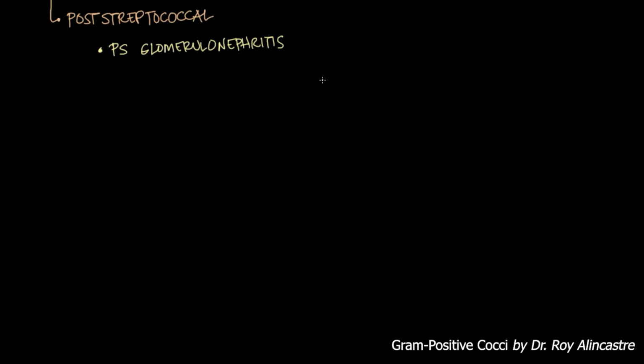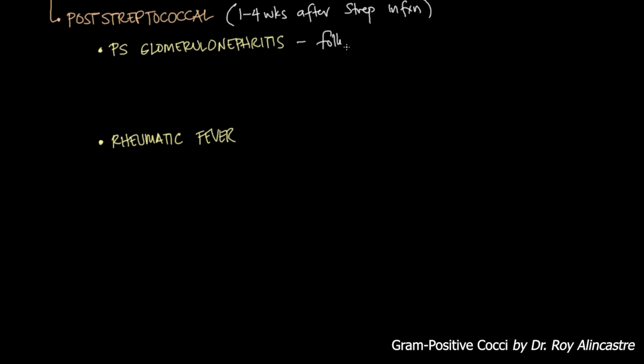So it is important to take note that these diseases are actually not caused by the direct effect of bacteria, no, that may have disseminated, but are actually hypersensitivity responses of the body. So post-streptococcal glomerulonephritis usually follows skin infection, while rheumatic fever follows respiratory tract infection.